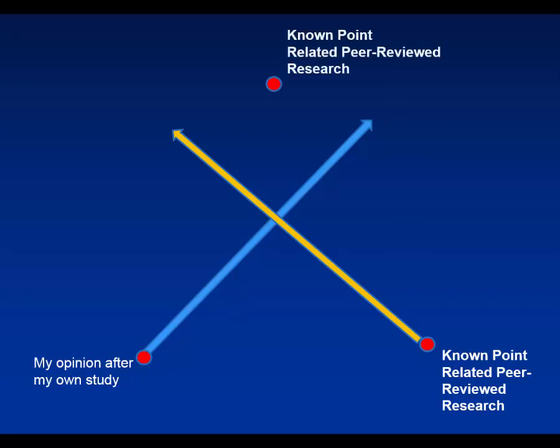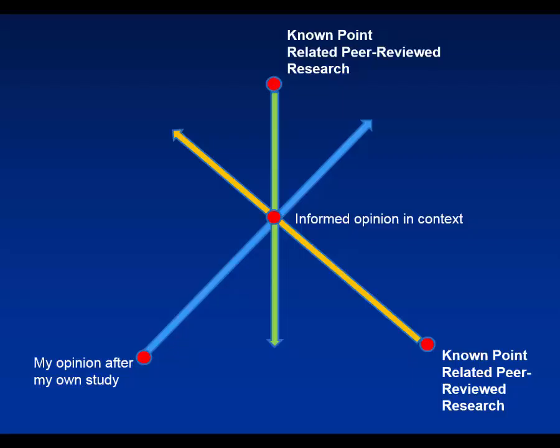Up here we have another peer-reviewed research paper that's related to the topic. And now I am giving my informed opinion on the paper. So it's not just my opinion in isolation. You need to know what other people are saying in the field.